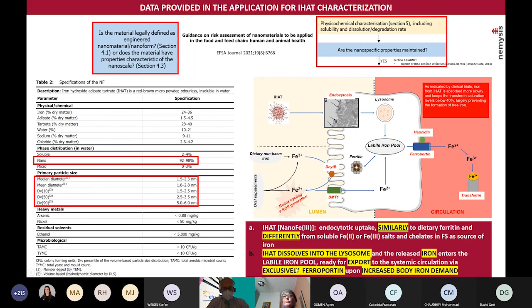And the iron is then intracellularly released. There is no systemic export of the nanoparticle. The iron is then systemically distributed according to iron demand through ferroportin. So it adheres to the physiology of iron metabolism.